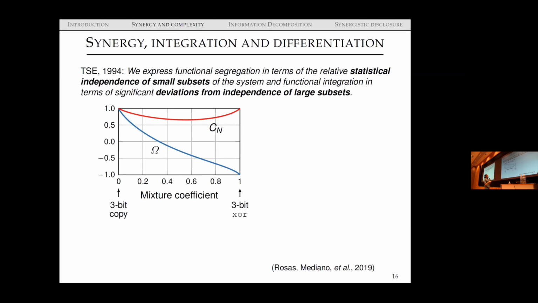We do this in a mixture system where we have a copy on one side and an XOR on the other side, and we linearly interpolate between the two. And what happens is that the O information, as one would expect, picks up this transition from redundancy to synergy, because it goes from positive to negative.